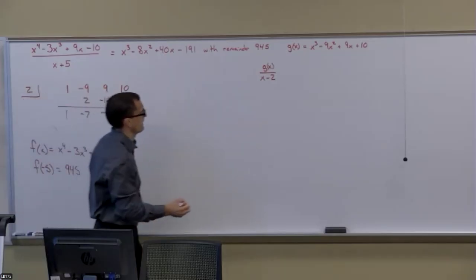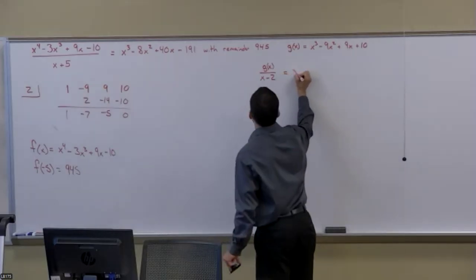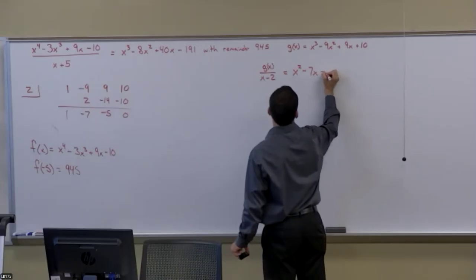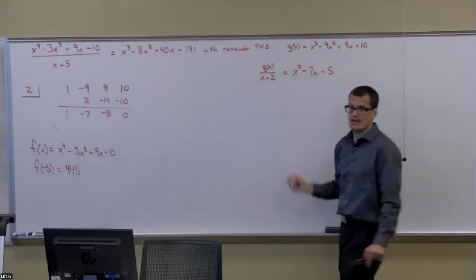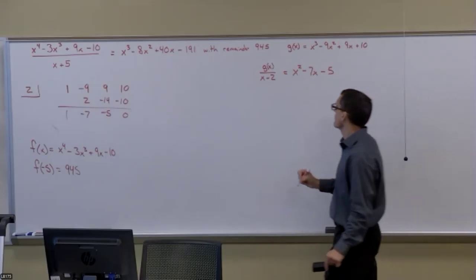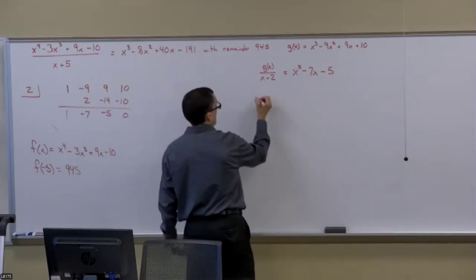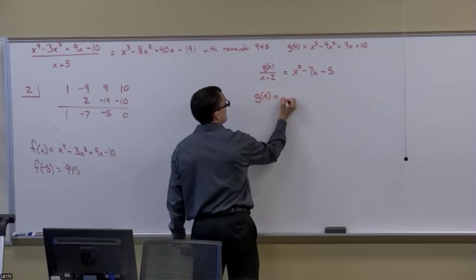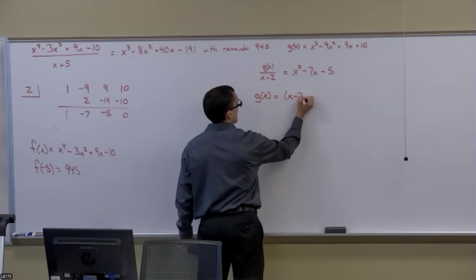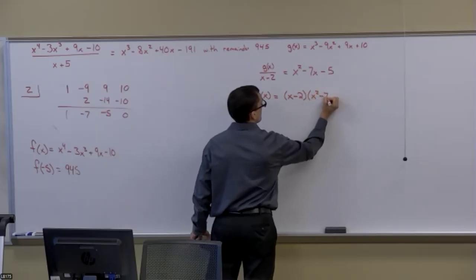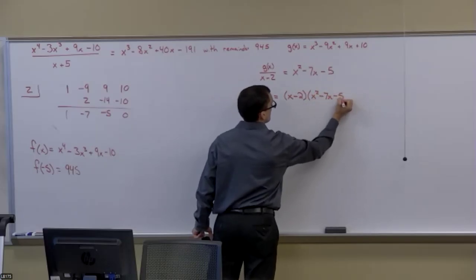All right, so we got x squared minus 7x minus 5 when I did that. Because I got remainder 0, I could say this g of x can be written as x minus 2 times x squared minus 7x minus 5.